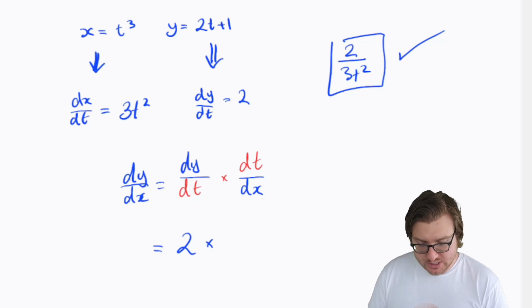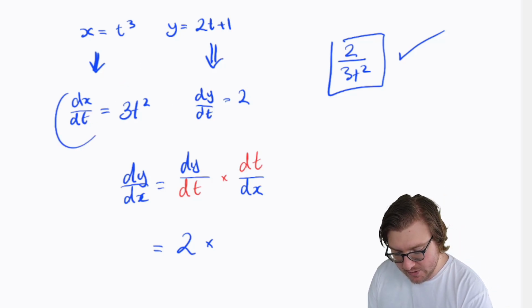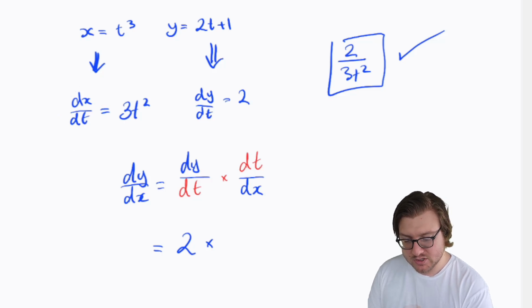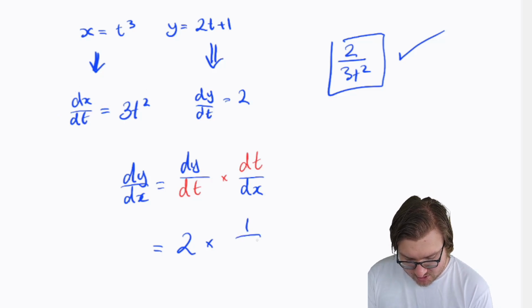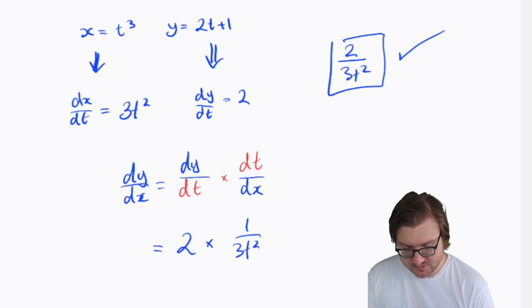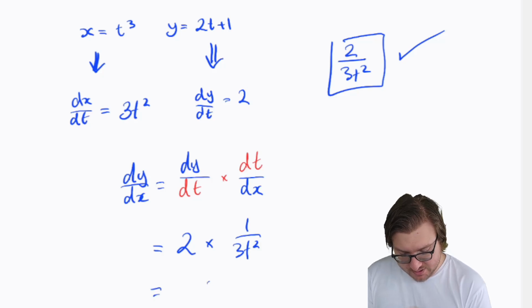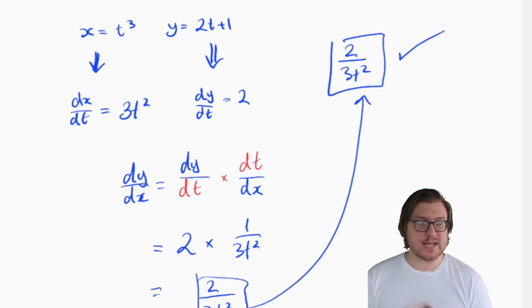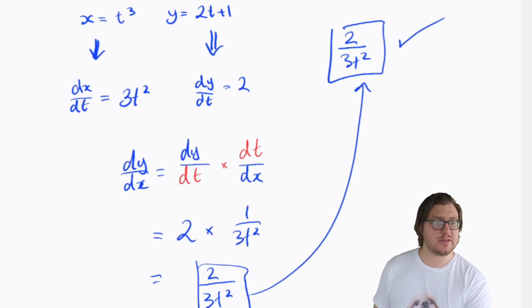Now, what we do is we just take this one. We just need to do the reciprocal, so 1 over. So this is going to be 1 over 3t squared. If we put these together, we still get 2 over 3t squared, which is not surprisingly the same answer as if we were doing it the other way.